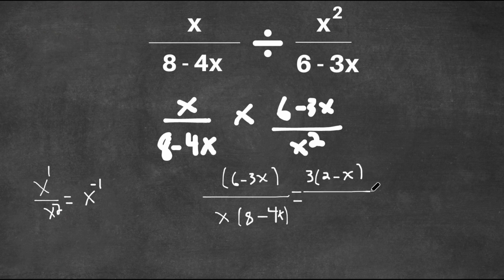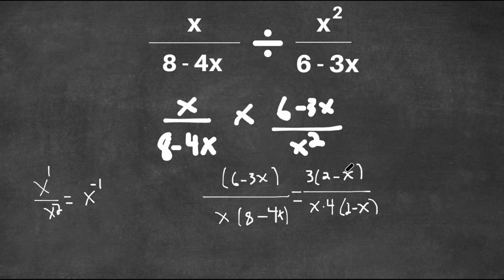And now let's simplify 8 minus 4x. So I'm still going to write the x here. What is a common factor of 8 and 4x? 4, right? So we have 4 times (2 minus x).